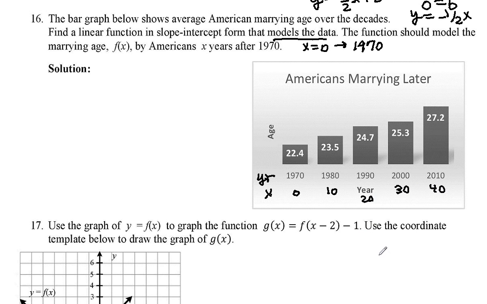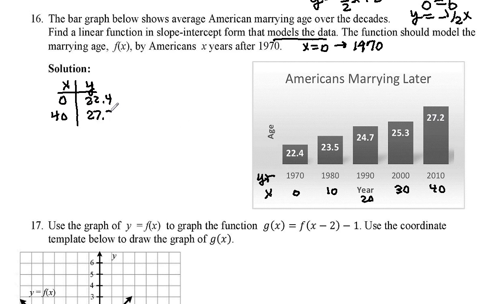So the easiest way to do this is to take our first point and our last point, and then generate the line from that. So we've got our x values and our y values here. So when x is 0, the age is 22.4, so 0, 22.4. When x is 40, age is 27.2.